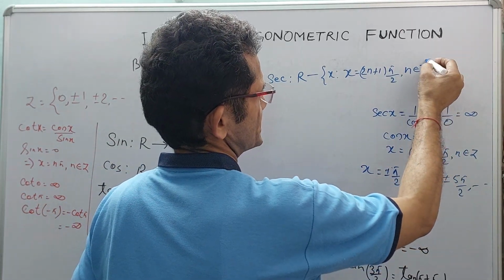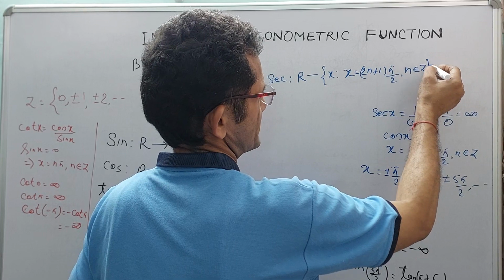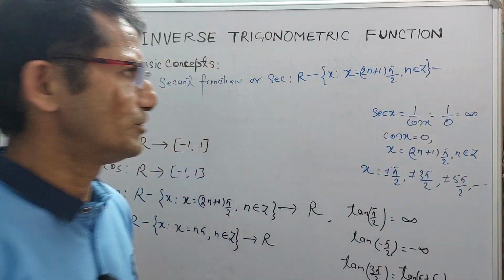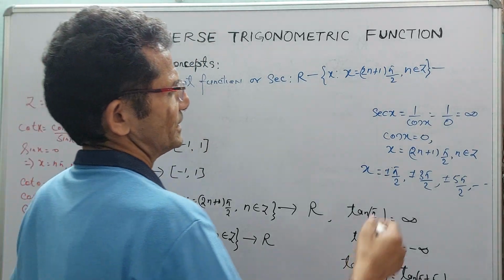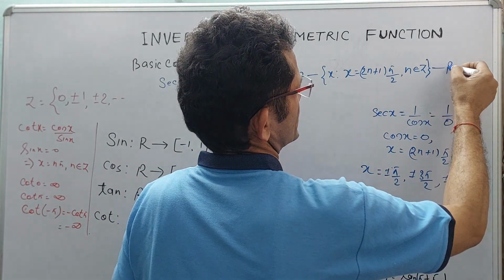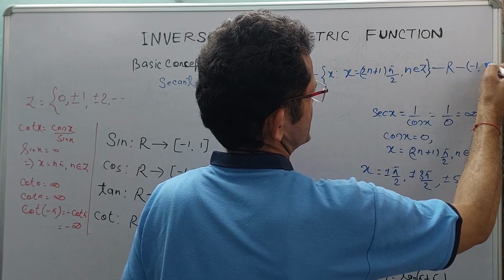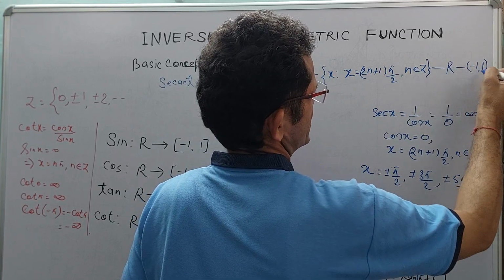We have closed this set in the curly bracket. And its range will be the set of R minus the real numbers from minus 1 to 1.